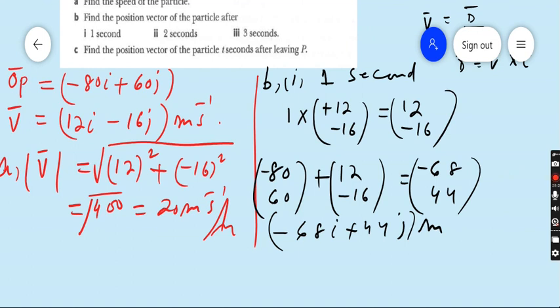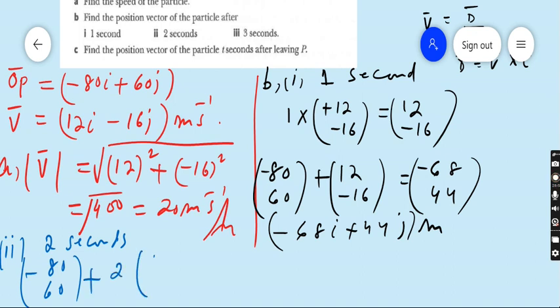Now B2. Find the position vector of the particle after 2 seconds. So we use again the initial vector minus 80, 60, plus this time we have to multiply 2 by the velocity.